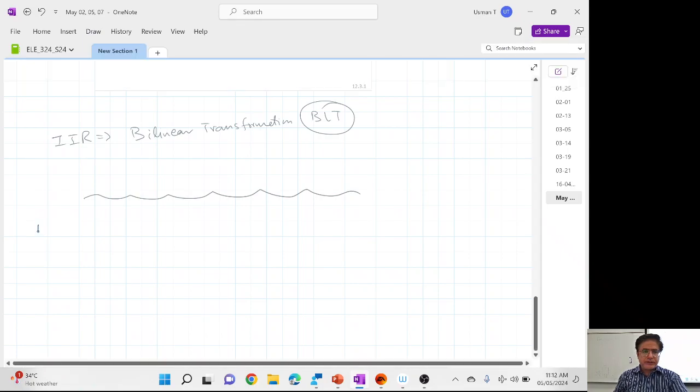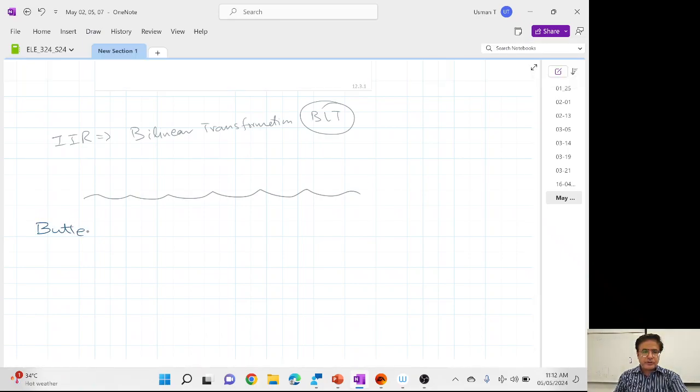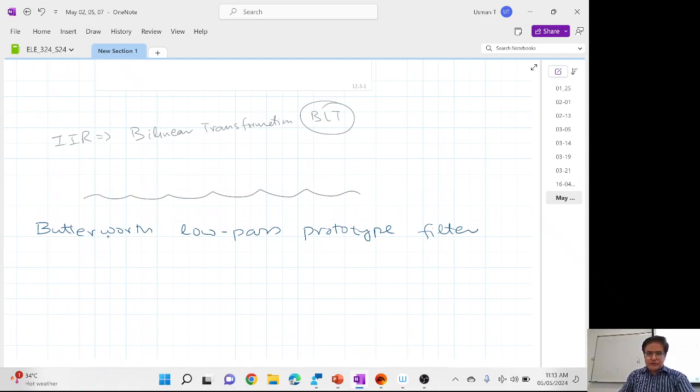So we'll take a Butterworth low pass prototype filter, and its transfer function looks something like this, H(s) equals 1 over s plus 1.